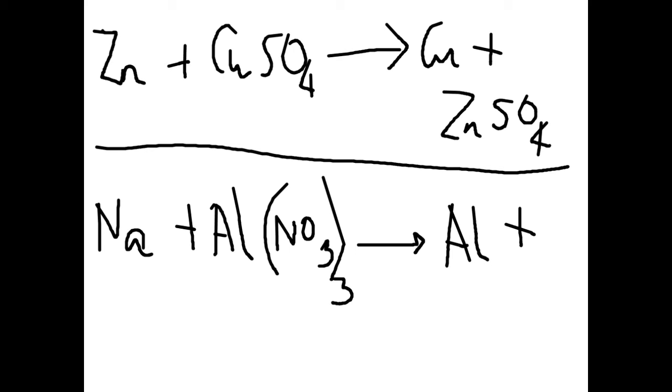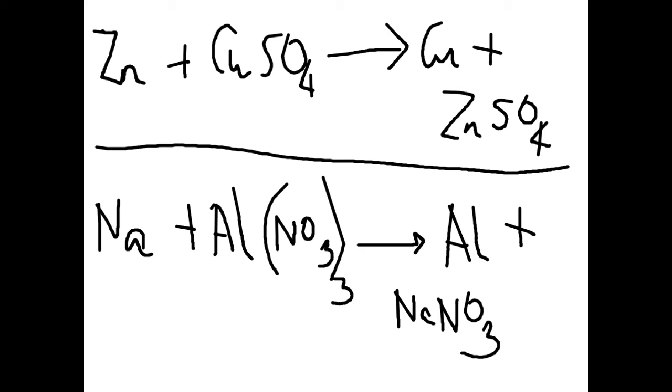What's the charge on the sodium? I didn't give it to you, but I want you to know it. Plus 1. What's the charge on the nitrate? So why would it be any? It's just what? NaNO3. Does that make sense?